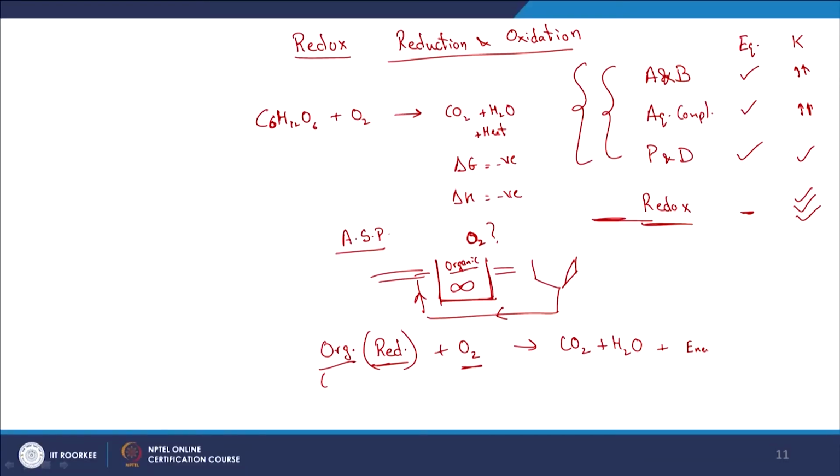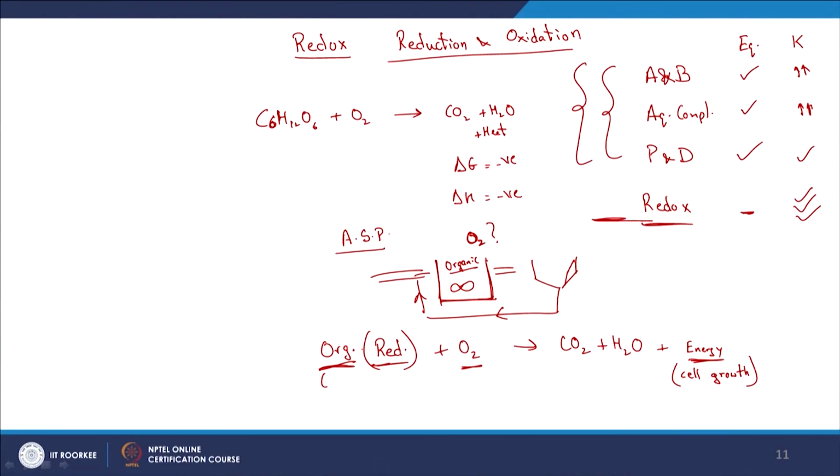Why is that? The energy that is released, the microbes are going to use for their cell synthesis or cell growth, repair, and so on. Same case as us, they too want to derive the energy that is going to come through this degradation or oxidation of your waste or the organic compound.